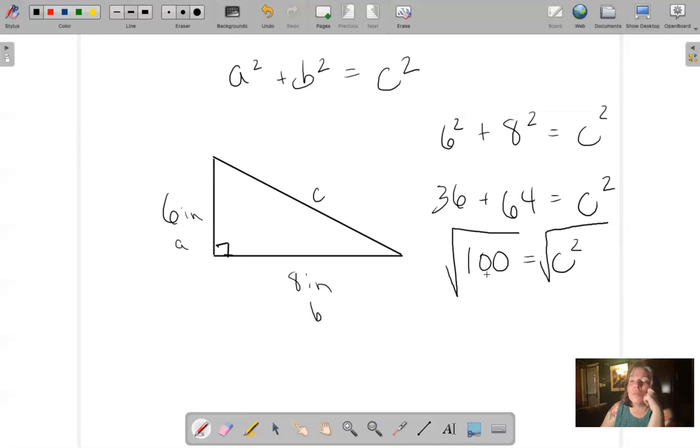So what is the square root of 100? What two numbers that are equal to each other, multiplied by each other, equal 100? Hopefully you know that answer. That's 10. 10 times 10 is 100. So 10 equals C. Now I've got C equals 10, and that's our answer. Let's do another one.